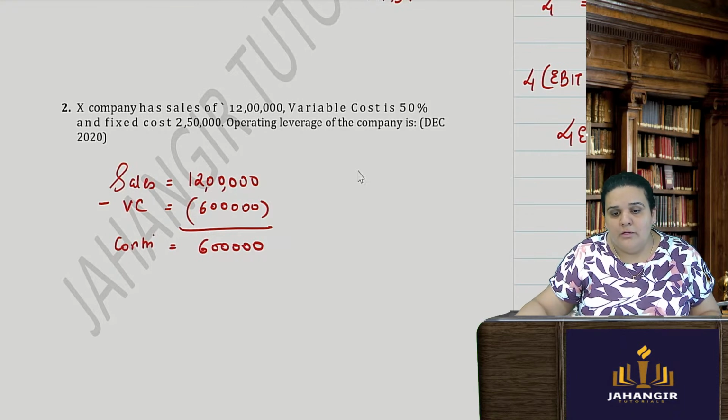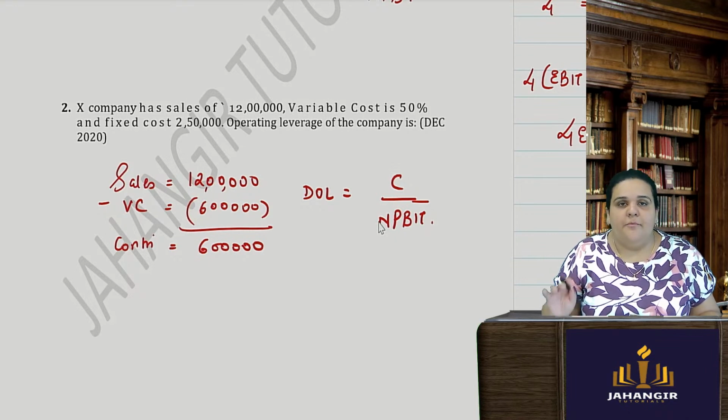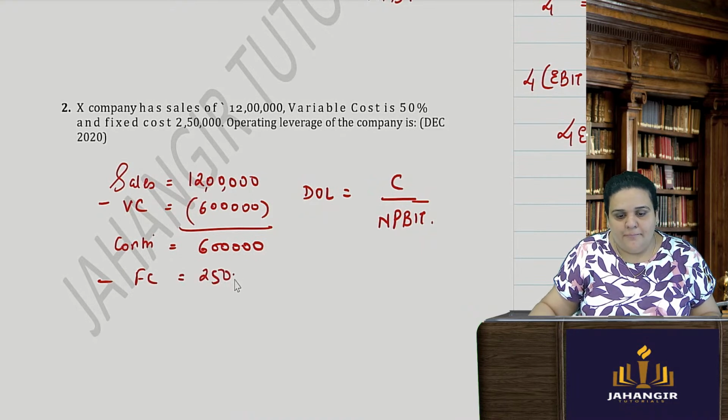We all know degree of operating leverage is contribution upon NPBIT. You should know how to find contribution and NPBIT quickly in the formula itself. But if in case you are finding it difficult, your income statement is not going to take you more than a minute. Minus fixed cost is also given, 2,50,000.